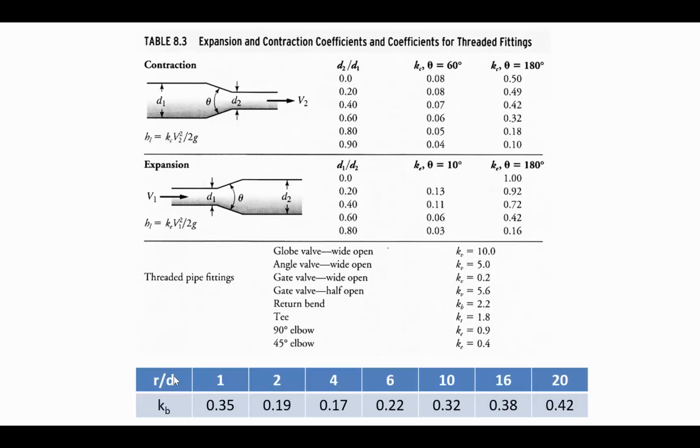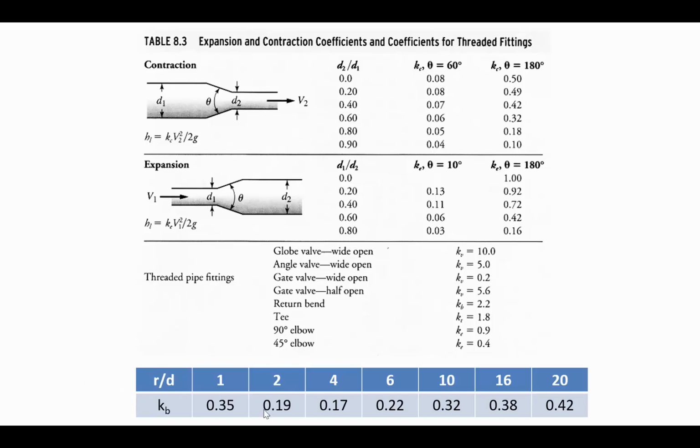Here's a table of K values having to do with different radius to diameter ratios. And this is making the point that an abrupt transition, like if you have a 1-to-1 radius to diameter, is going to have a higher K value than a more gradual transition. But then when you go beyond some minimum point, you're actually lengthening the bend, and so the K value goes back up again, kind of just as a reflection of the added length of that section.